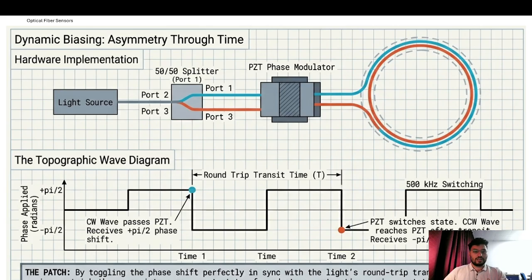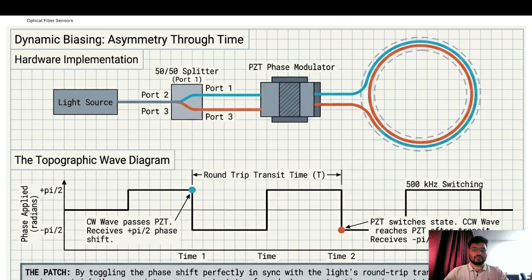Here a part of the gyroscope has shown what the components are. Here it's mentioned the dynamic biasing of this particular instrument.